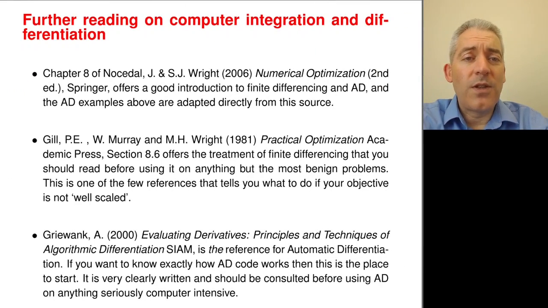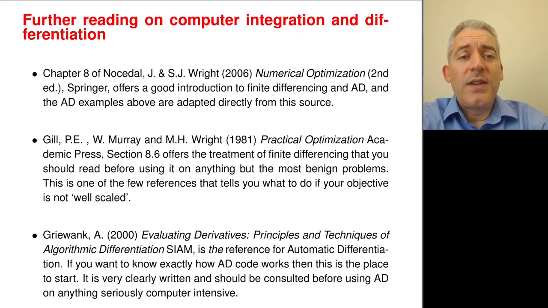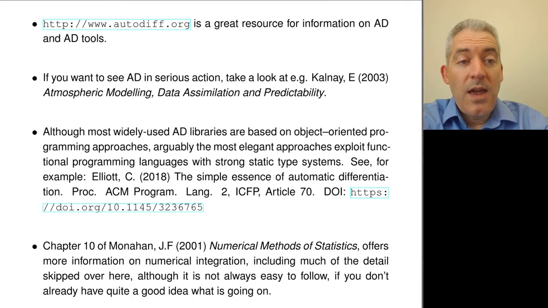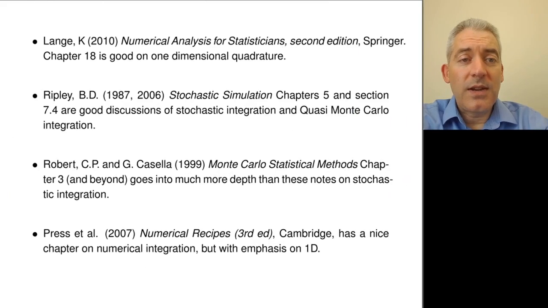So in terms of some further reading then, this numerical optimization text, Nocedal and Wright, is nice for optimization and numerical differentiation. That would be a good place to start for that. For numerical integration, Monahan, Numerical Methods of Statistics, is quite good.